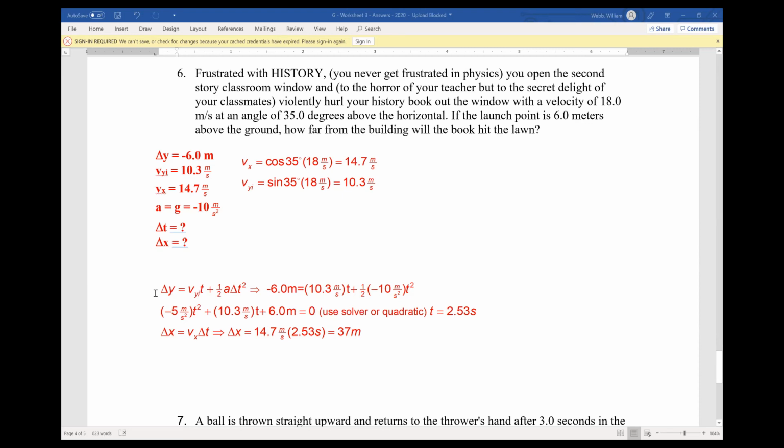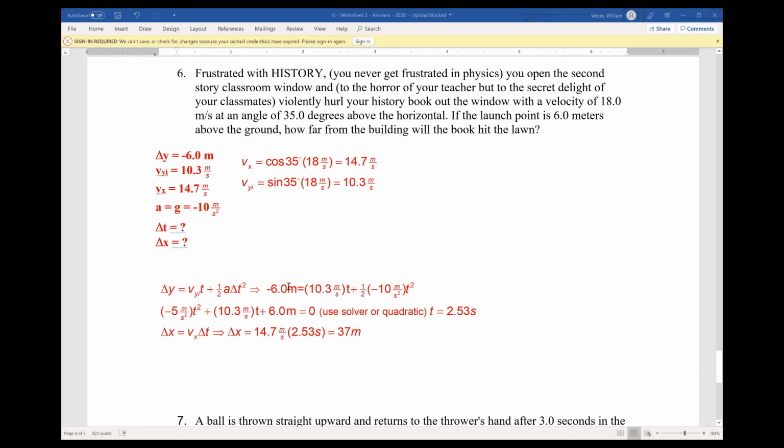You can tell they're focusing on it vertically because it has delta y as their displacement and vyi as their initial vertical velocity. The delta y is negative 6. It's falling 6 meters from where it started. The initial velocity is positive 10.3 because the angle was 35 degrees above the horizontal, so it actually had an initial vertical velocity that was upward. And then the acceleration due to gravity, they've used negative 10 here.